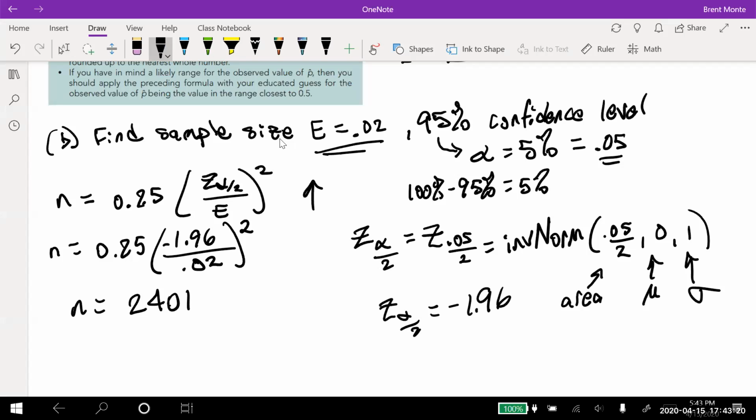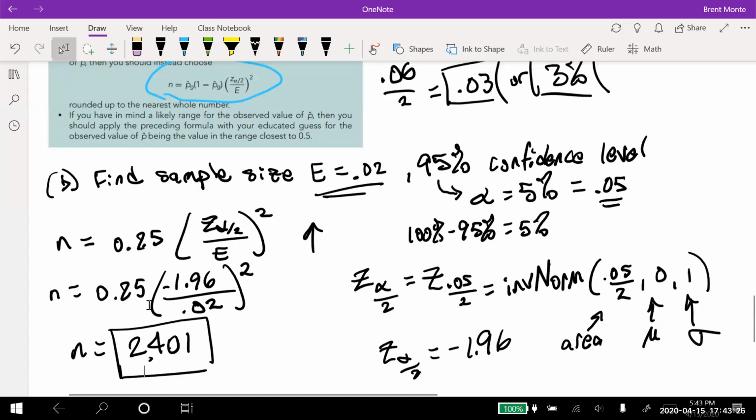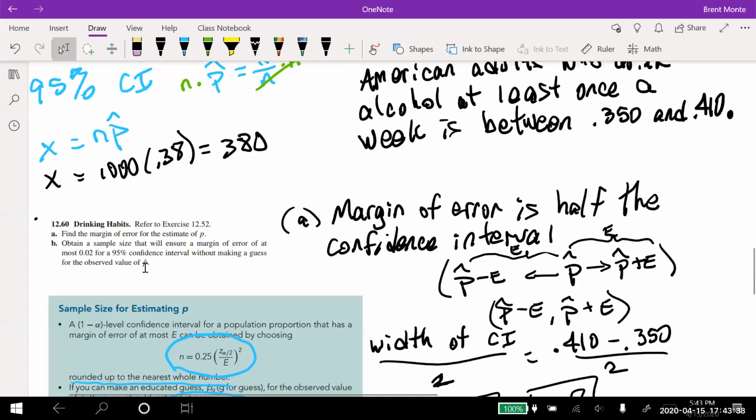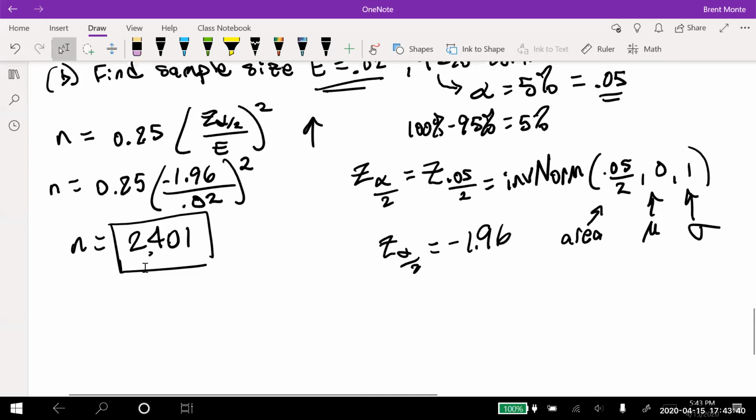Notice what that means though. When we had a sample size of 1,000 before, we had a margin of error of 3%. To drop that down to a margin of error of 2%, I have to increase my sample size all the way up to 2,401.